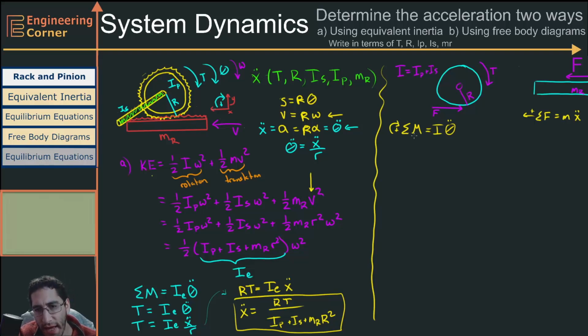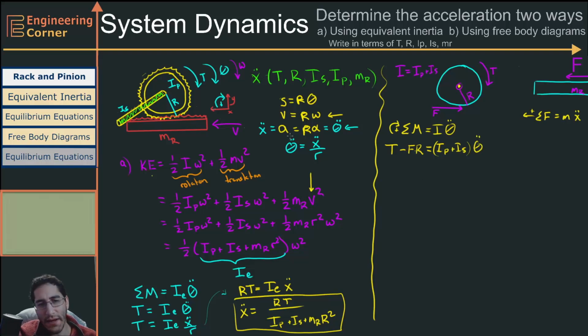So let's sum our moments. Well, we have the moment of T, this torque right here. Then we have a moment with this force. If we rotate it clockwise, we're going to go tail first. So we're going to be minus F times R going from this point. So T minus FR is equal to IP plus IS times our angular acceleration.